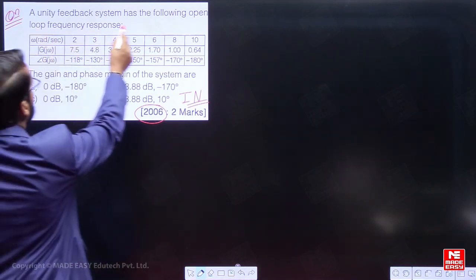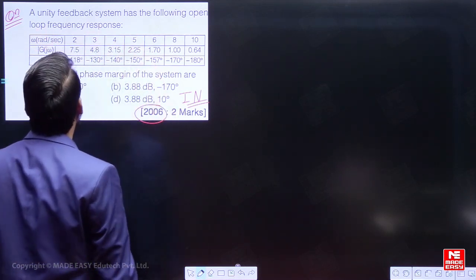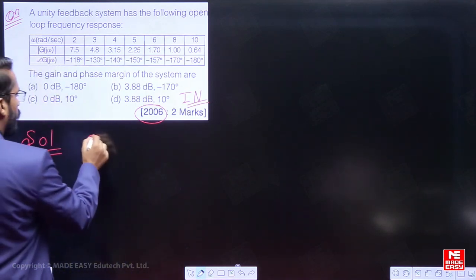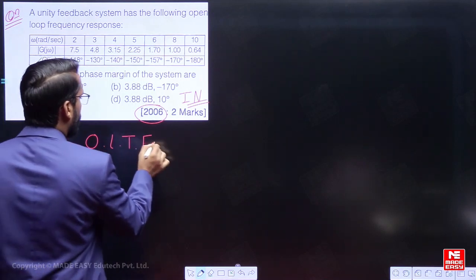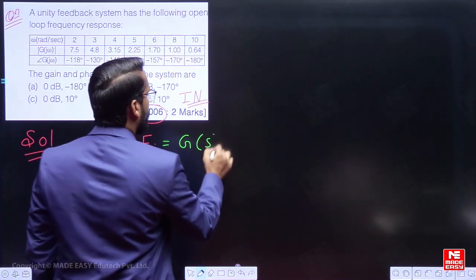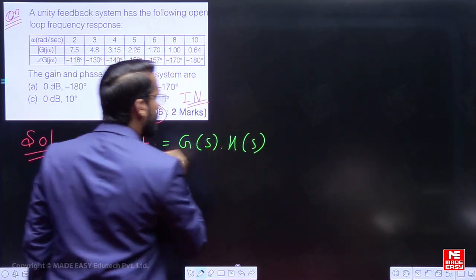A unity feedback system has the following open loop frequency response. So let us consider open loop transfer function, that is nothing but G(s) H(s).